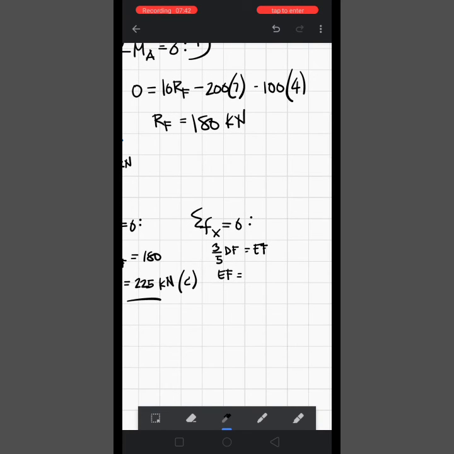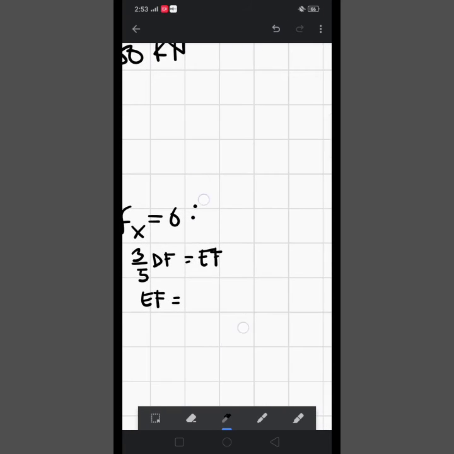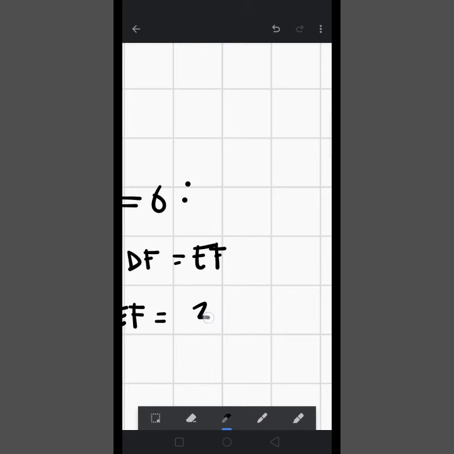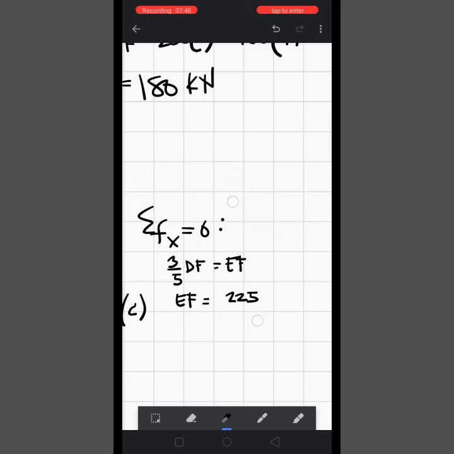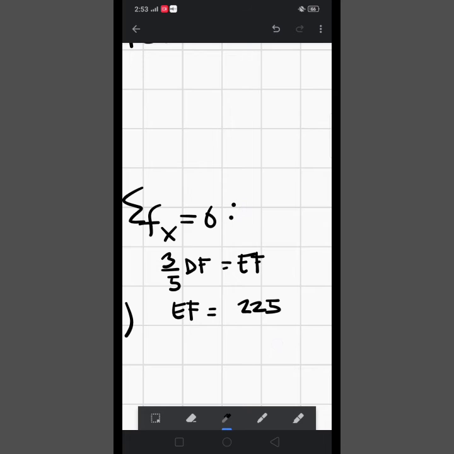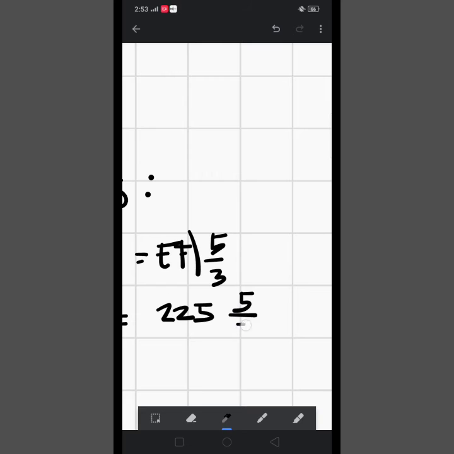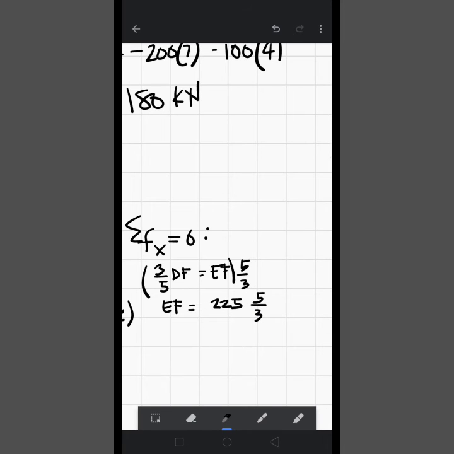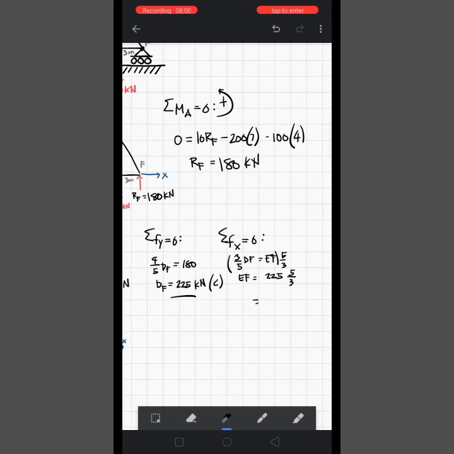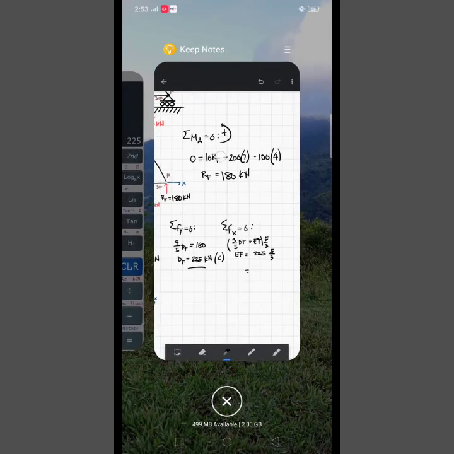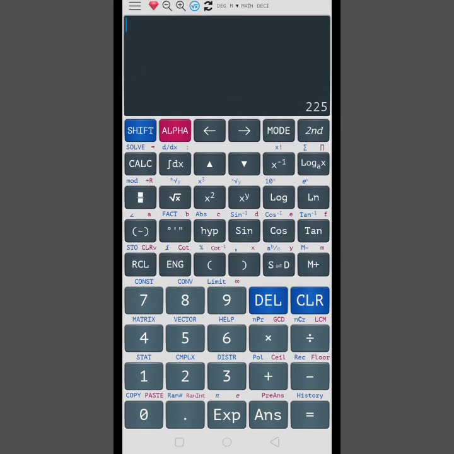So if we substitute that here, 225, and then multiply both sides by 5/3, EF should be 225 times 5 divided by 3.